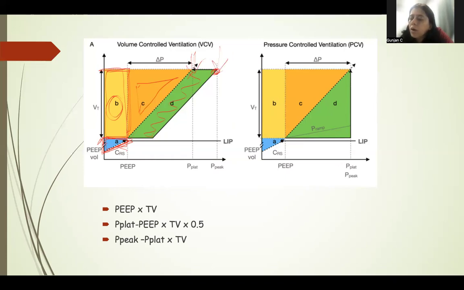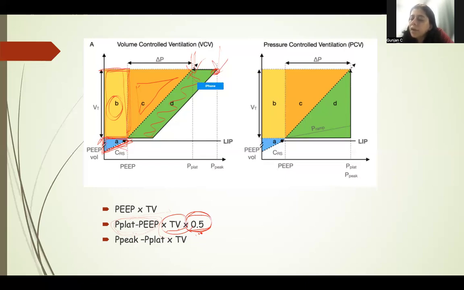Okay. So the work, or the power that is used by the PEEP, can be defined as PEEP into tidal volume. The work which is done to overcome the dynamic elastic component will be the P plat minus the PEEP multiplied by the tidal volume, because the tidal volume gets delivered, only then will this change happen, and the role played is half, so it is multiplied by 0.5.